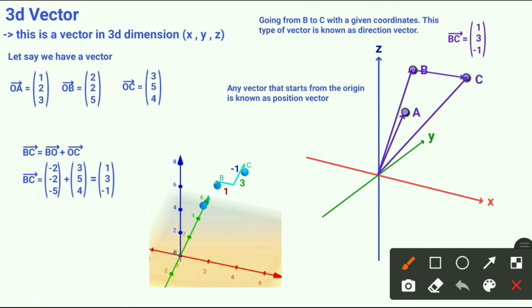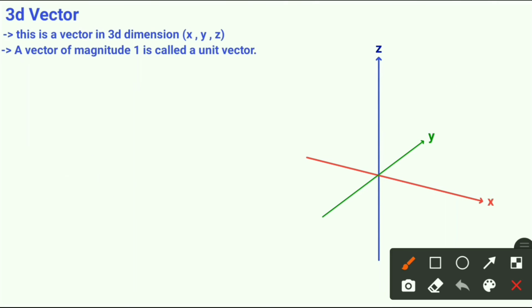You can see here, 1 on the x-axis, then 3 on the y-axis, and then down minus 1. BC is equal to 1, 3, minus 1.